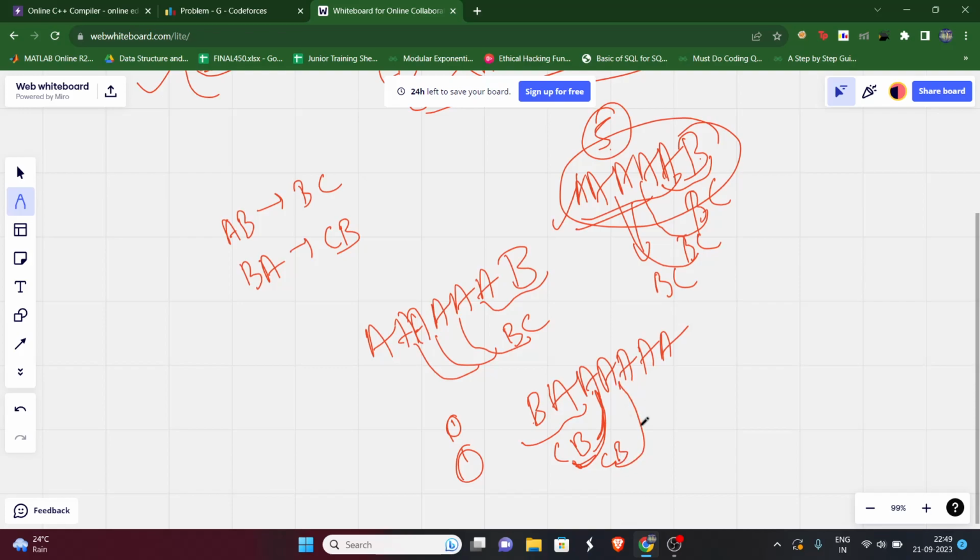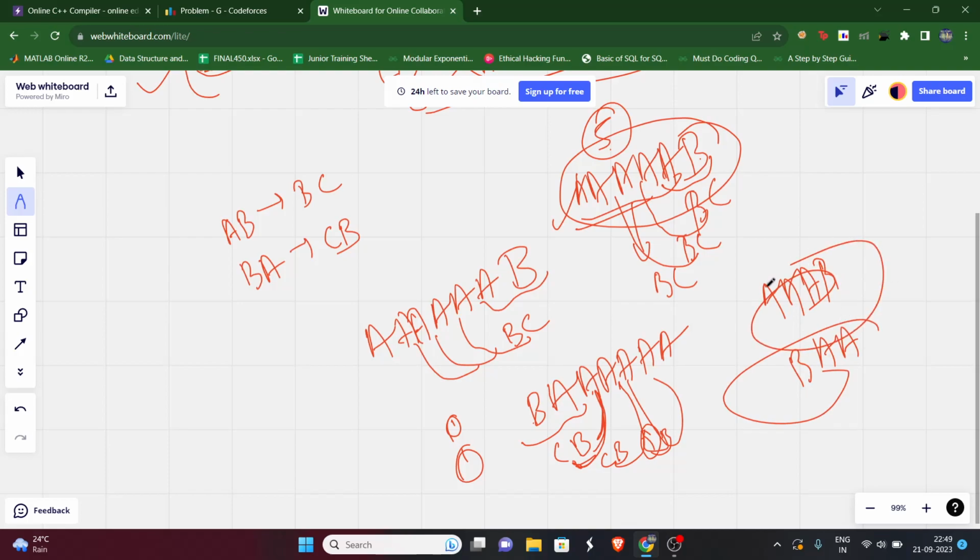Similarly we can take this B and this A and get one more coin. So what we are seeing here is that it doesn't matter whether the A's are in front of B or after B, we can get as many coins as there are A's.